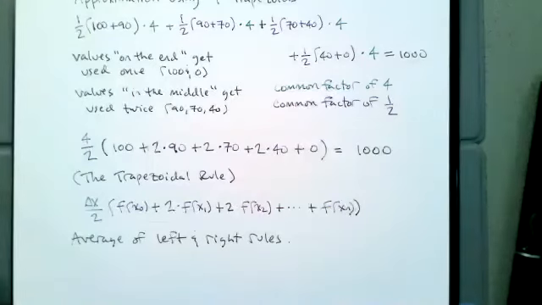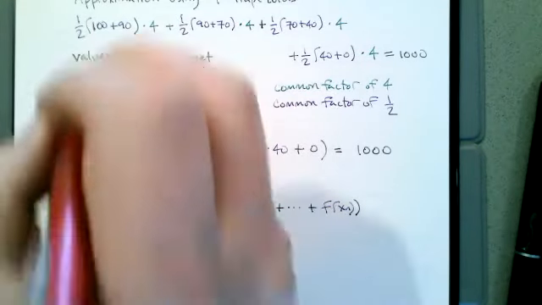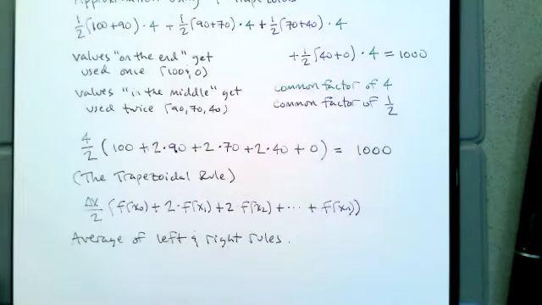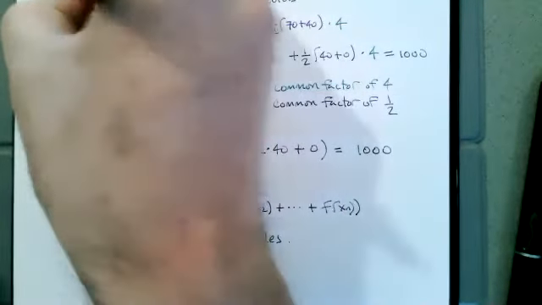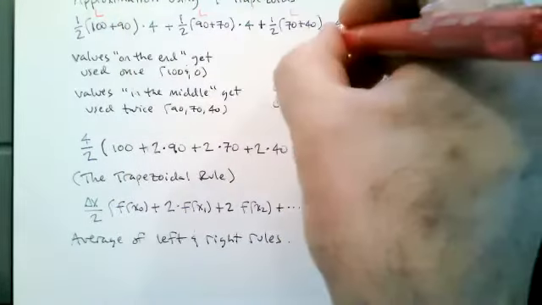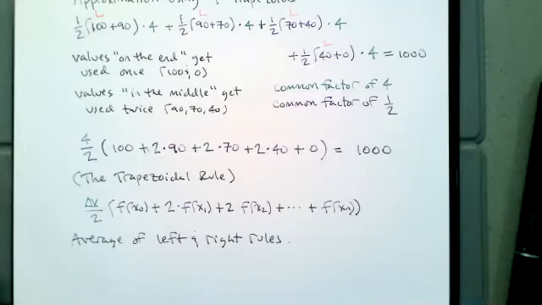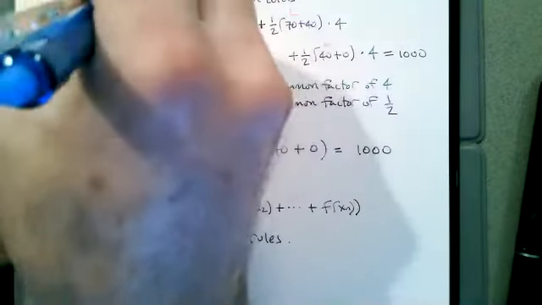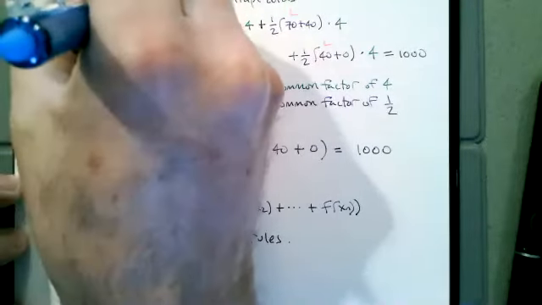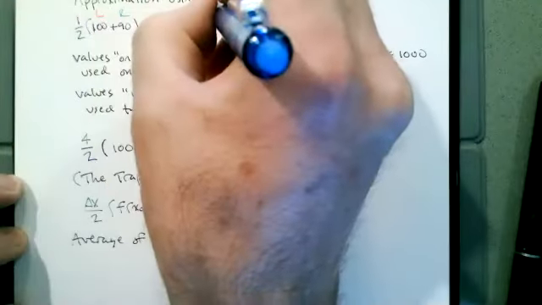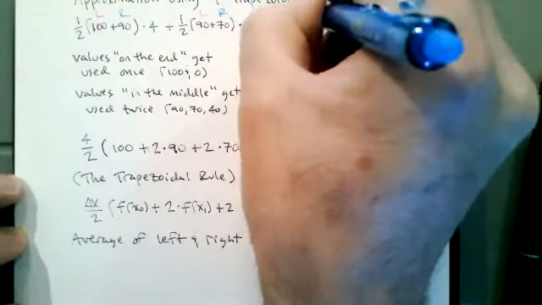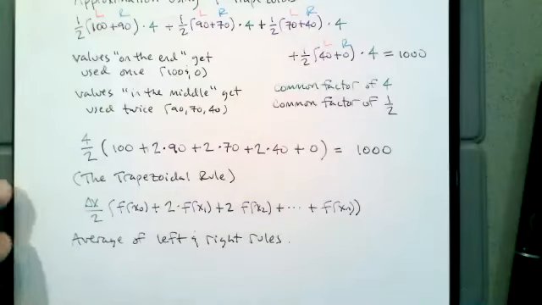So if we go back to our original colorings, the 100 is a left, then the 90 is a left, then the 70 is a left, and then the 40 is a left. And then the 90, in that first trapezoid, is the number on the right. So there's the right, the 70 is on the right, the 40 is on the right, and the 0 is on the right.